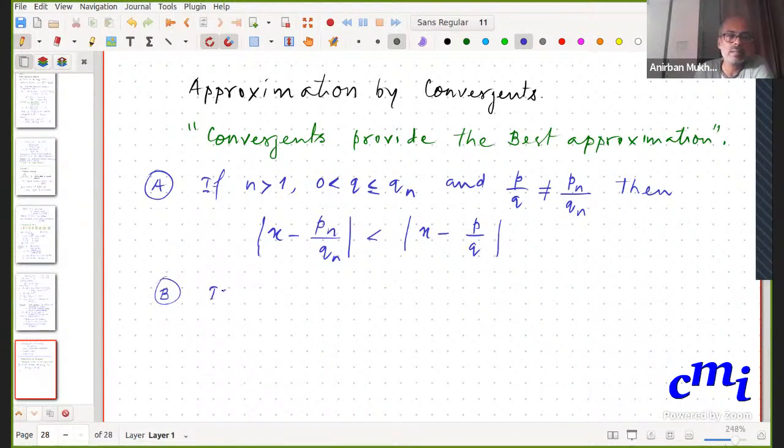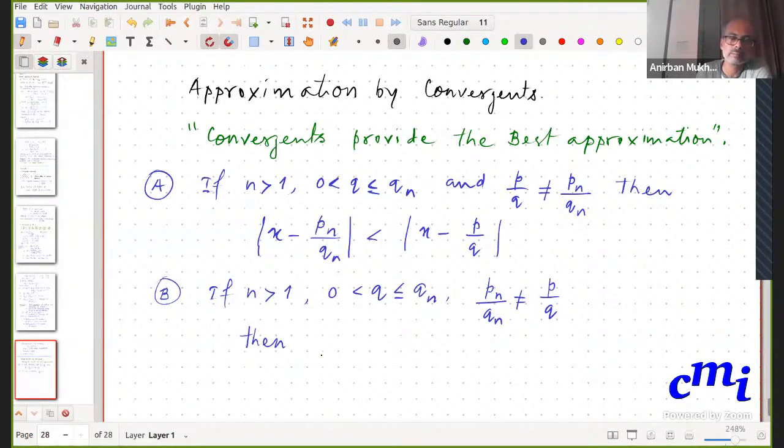Statement B: same thing, if n is greater than 1 and 0 less than q less than or equal to qn, and pn by qn is not equal to p by q, then the absolute value of qn x minus pn is less than the absolute value of qx minus p.